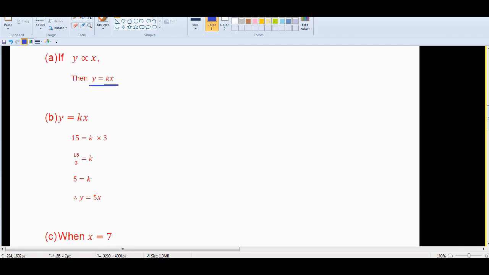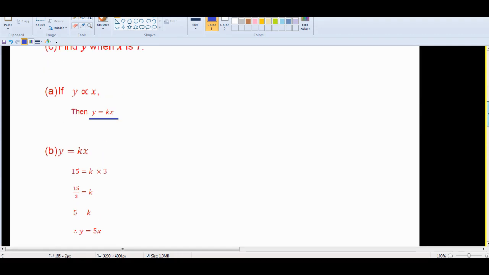That's the statement of proportionality, which is y equals kx. Since now y is 15, x is 3, you just put numbers into the equation, and you will have 15 equals k times 3, and you could find k by dividing 3 to the other side, and that's k is 5, and y equals 5x.